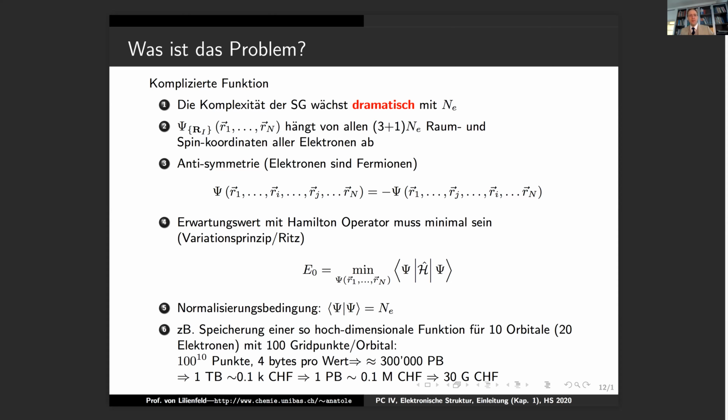Now, we discussed this, then we would need these 4 dimensions for every electron, and this wave function would have to have this funny property that as soon as you flip the index, right, and as soon as you exchange 2 electrons, the entire thing has to change sign.